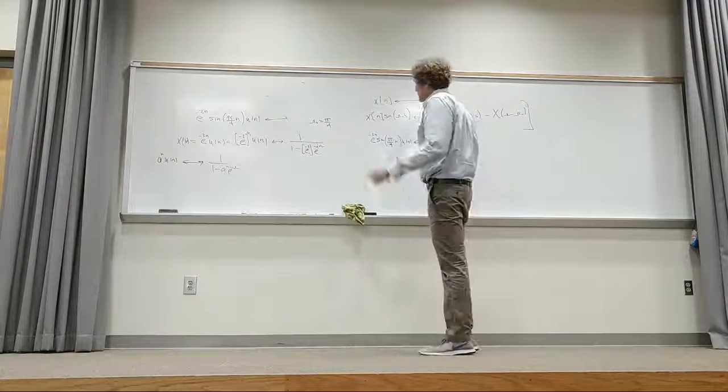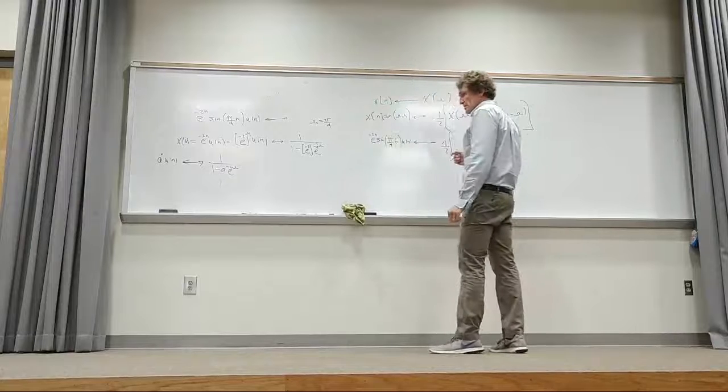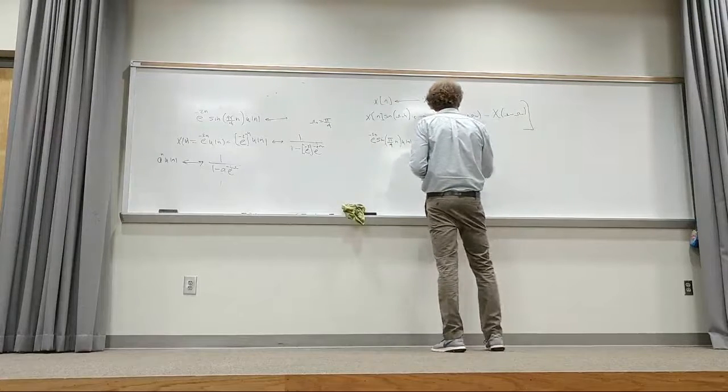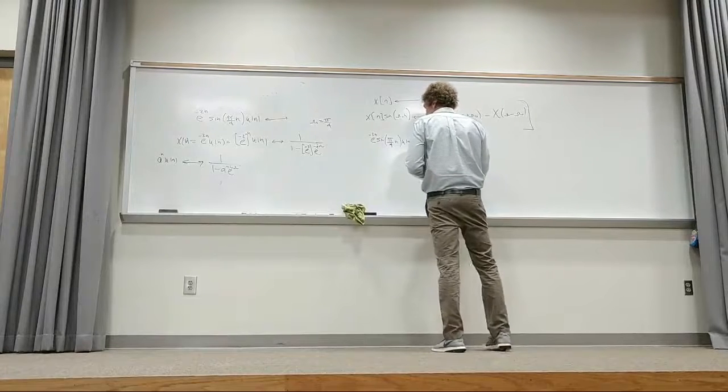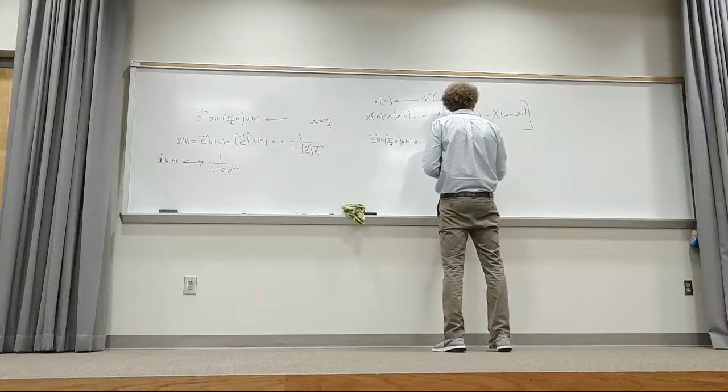Then I take the actual transform pairing right here, and now I replace omega with omega plus omega naught. I put it as 1 over 1 minus e to the minus 2 times e to the minus j quantity omega plus pi over 4.